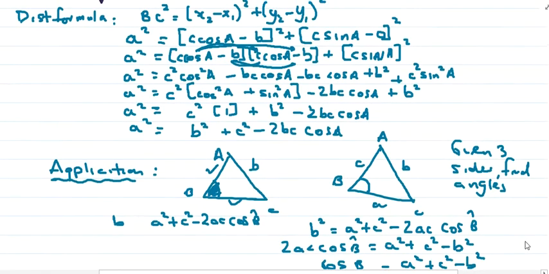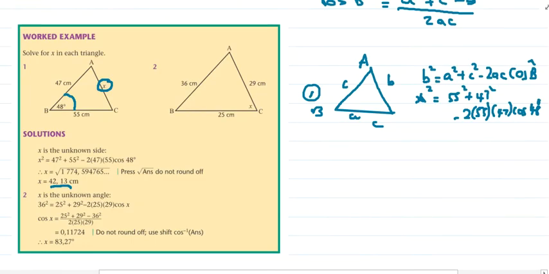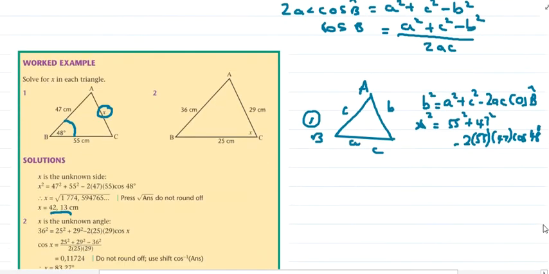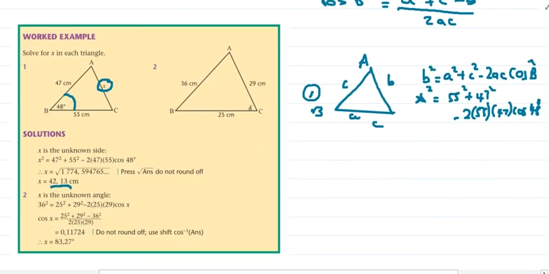Now in example 2, we want to determine the value of x, which is the unknown angle. Let's look at this example. If you look at the diagram, that would be your a, that's your b, and that's your side c.